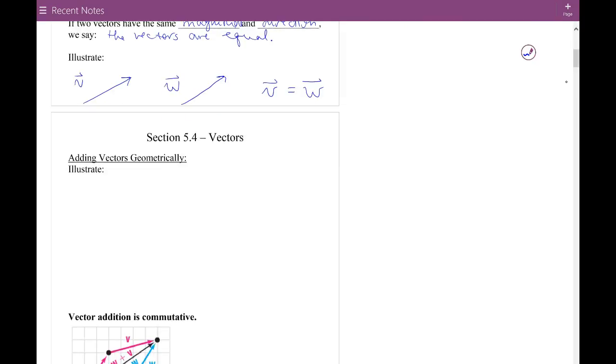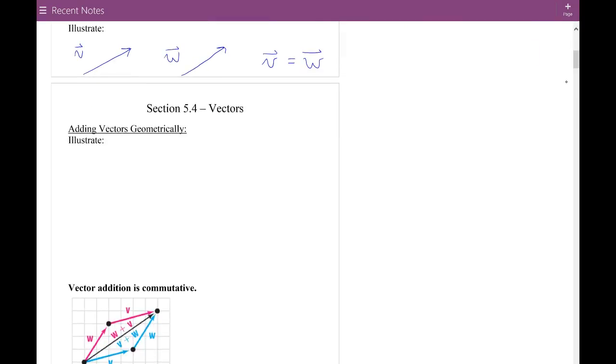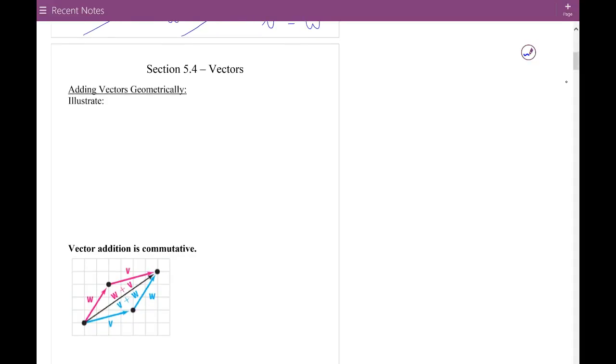Adding vectors geometrically helps to give us a sense of what's going on. How I imagine this is if you have one person pulling on a rope this hard, and then you have another person that's pulling not as hard but in a different direction, it changes the net effect of what's going to happen.